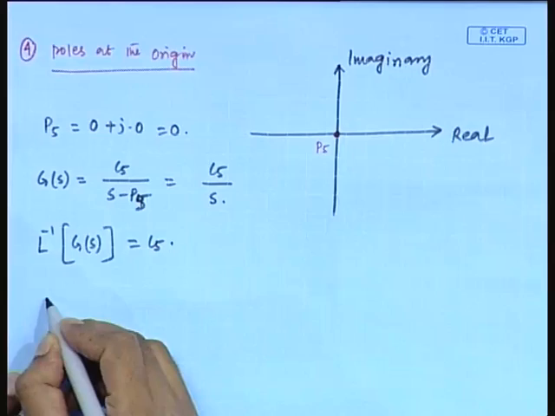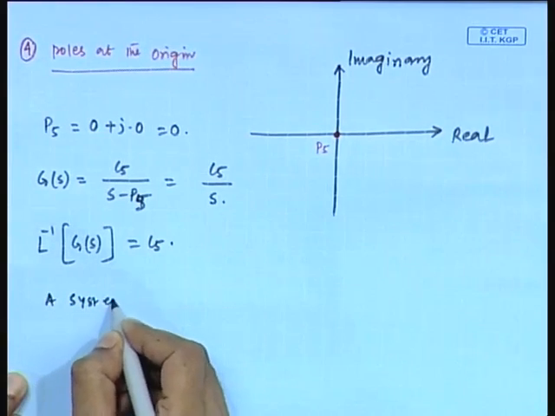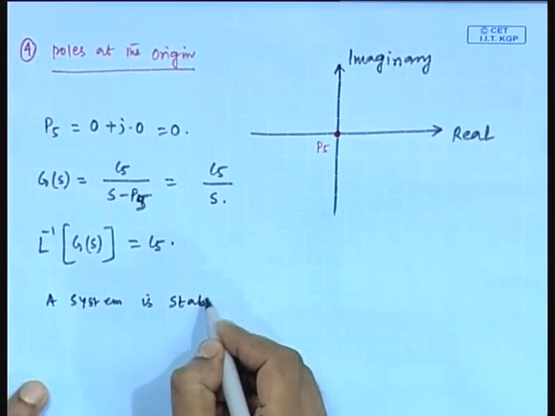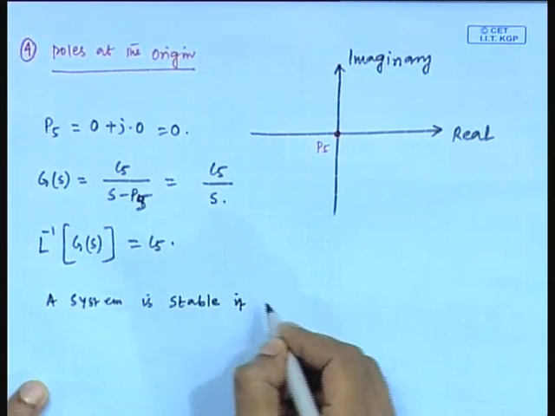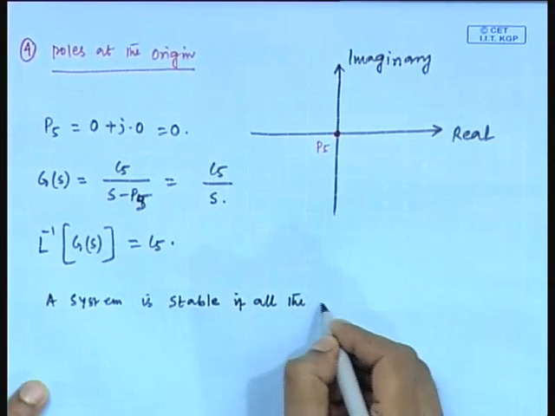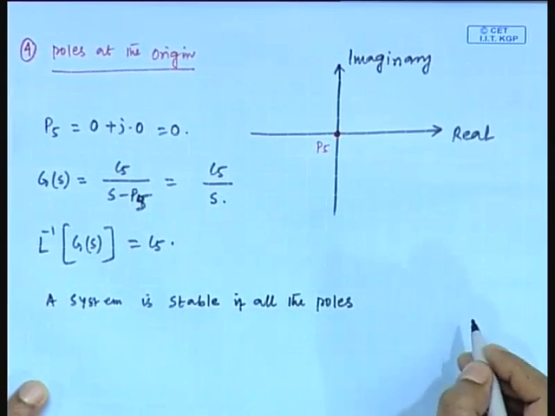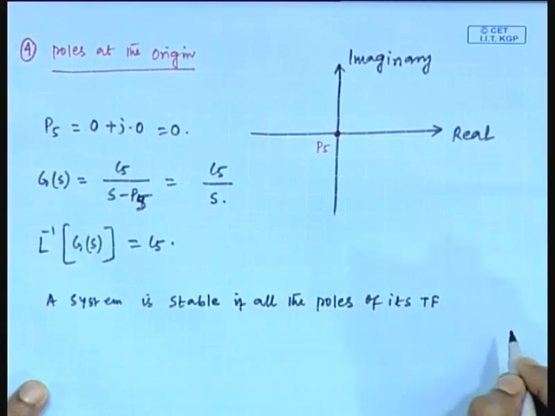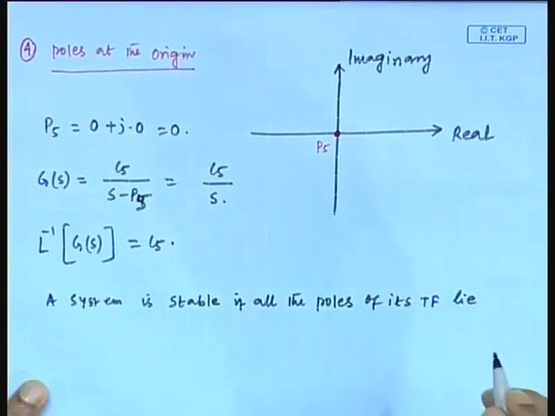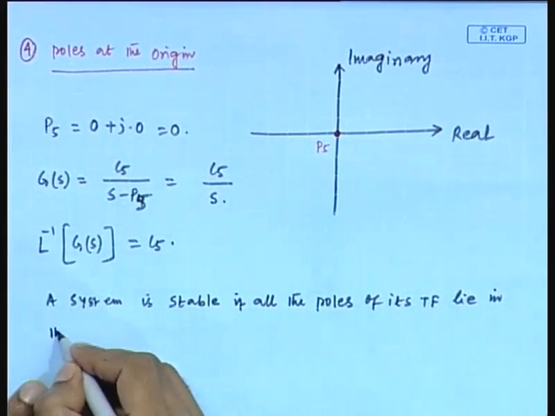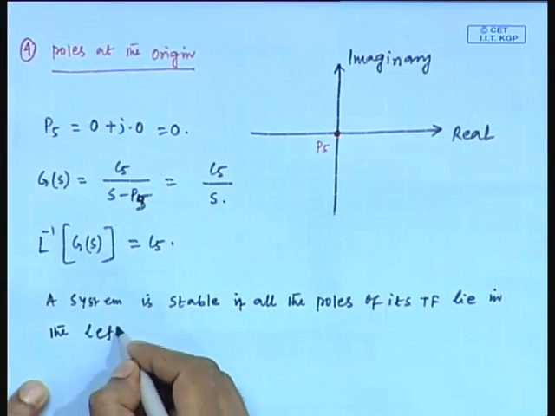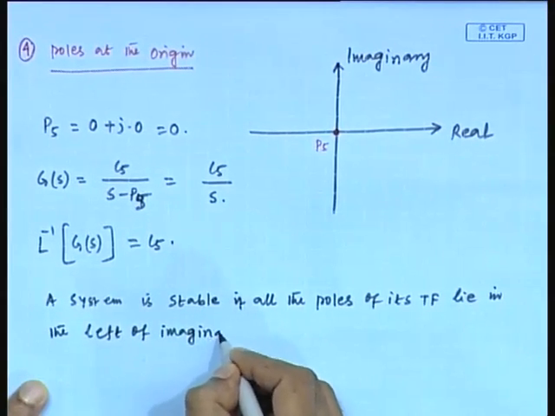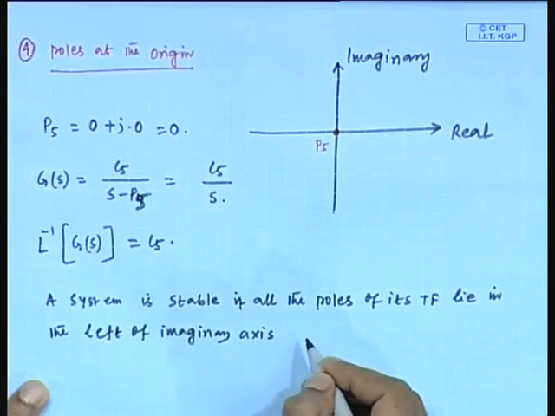A system is stable if all the poles of its transfer function lie in the left of imaginary axis.